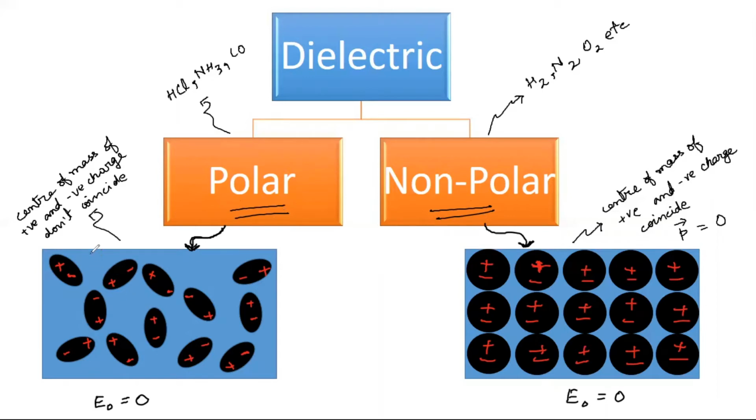So that means individually each molecule or atom has a dipole moment value.